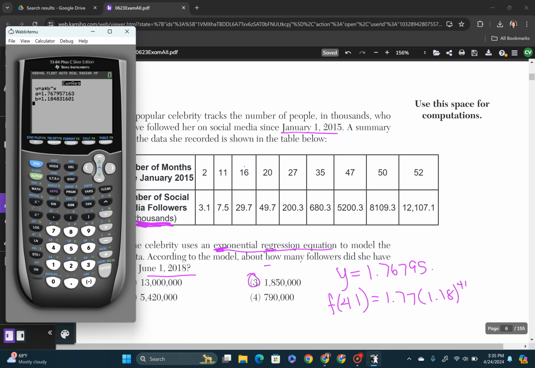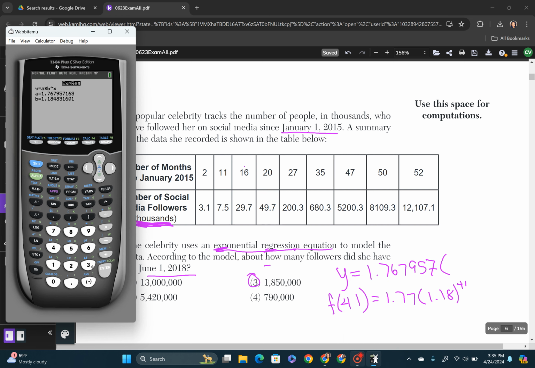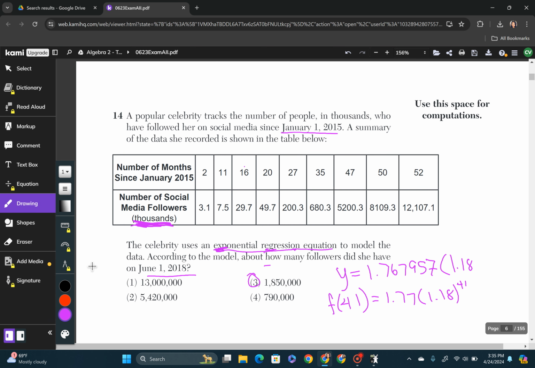And then instead of the 1.18, if I went even closer and used 1.18483, and then I put this to the 41. If you're curious about how you got 41, this is January 1st, 2015, and the end date is June 1st, 2018.